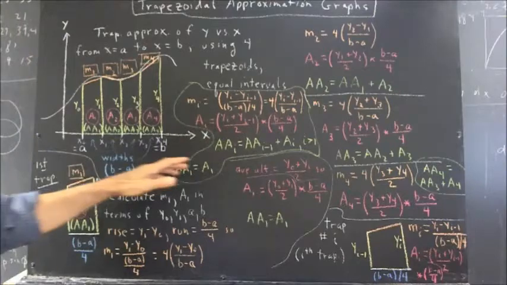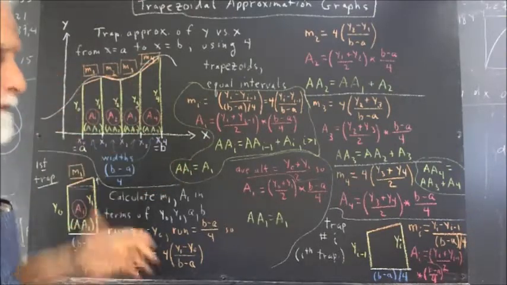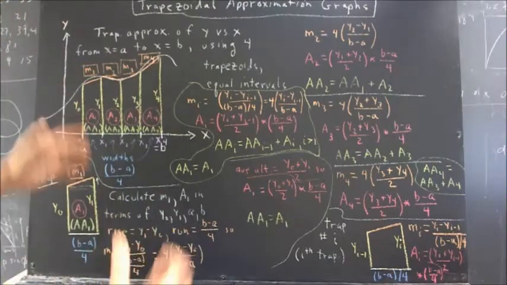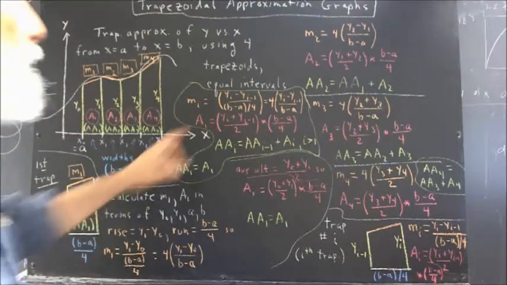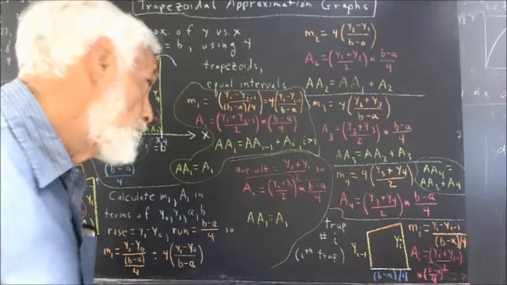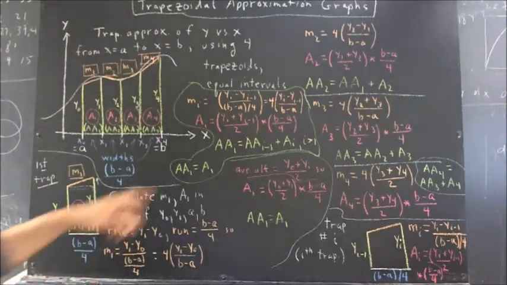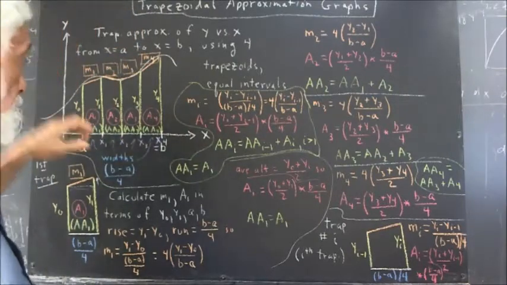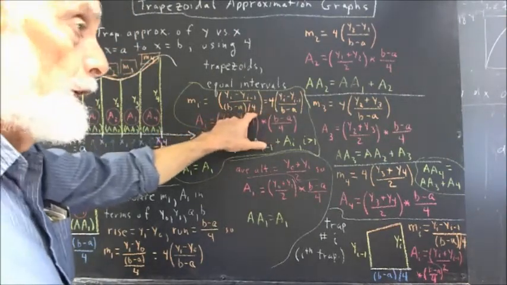Everything else could apply if we had 100 intervals, or 10,000 intervals, or 28 billion intervals. We wouldn't want to actually do the calculations for 28 billion intervals. That would take a while. But the only thing, again, that depends on the fact that we have 4 intervals is the number 4 here.